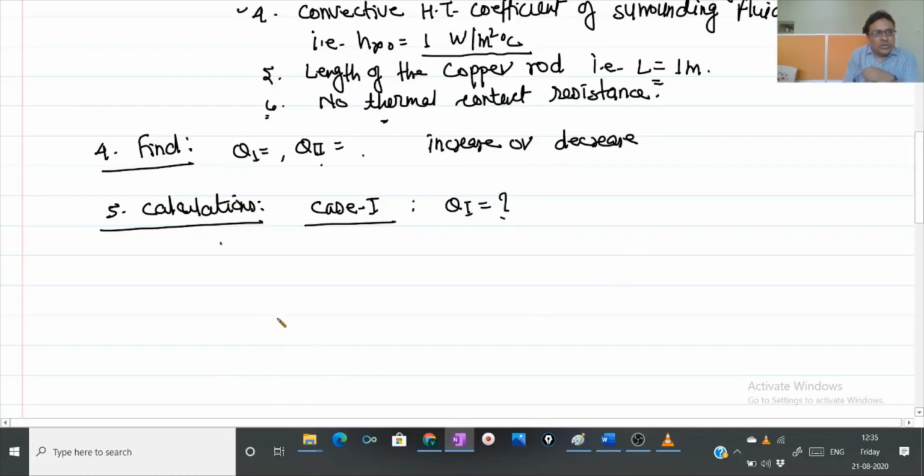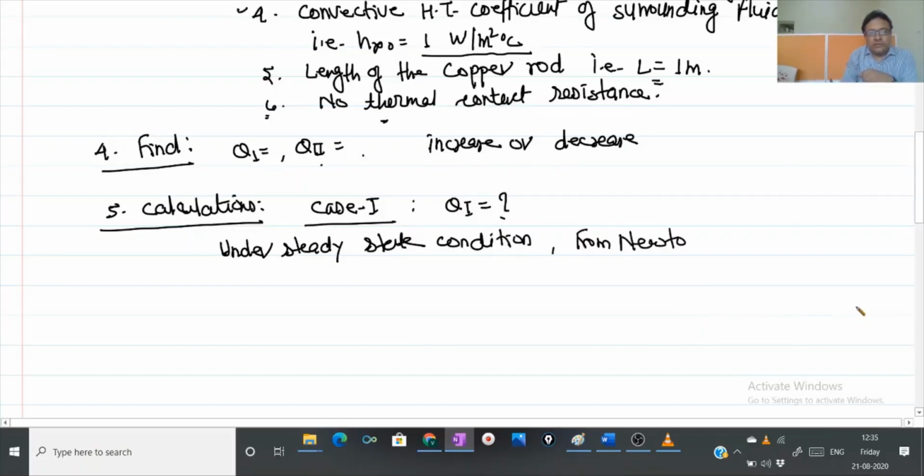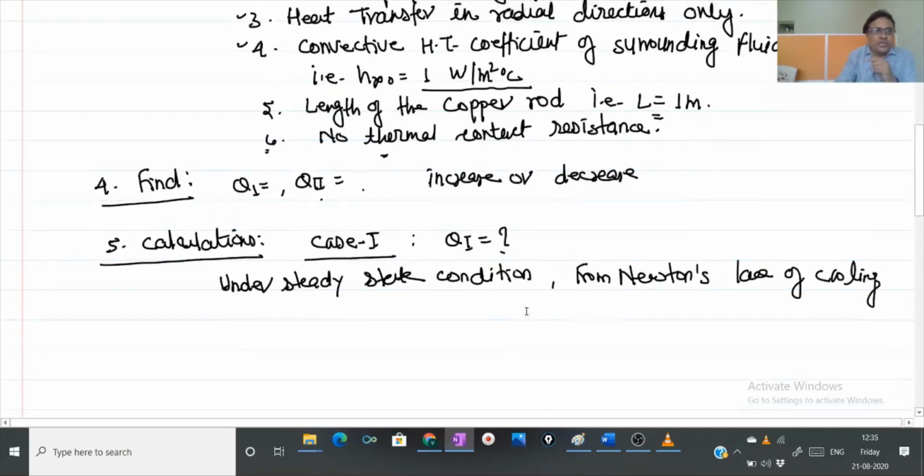So under steady state condition, from Newton's law of cooling. Now why am I recalling Newton's law of cooling?